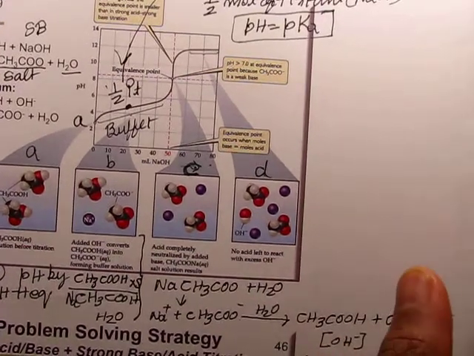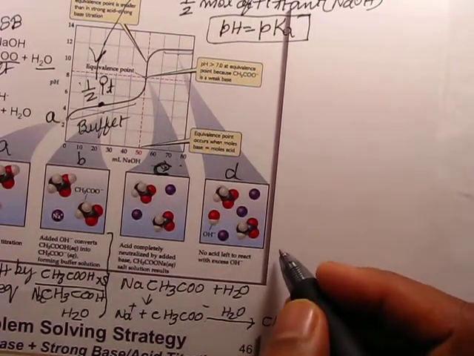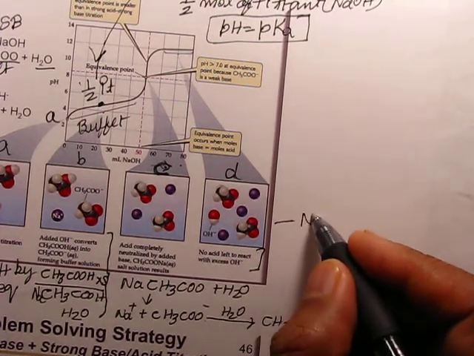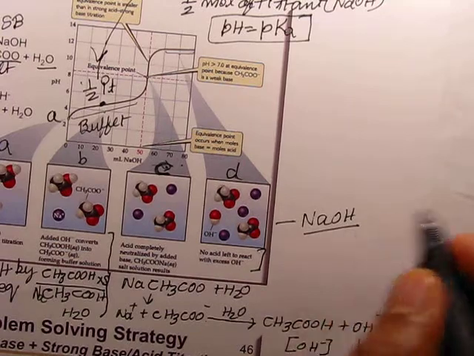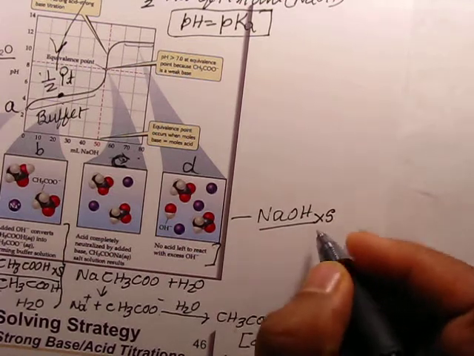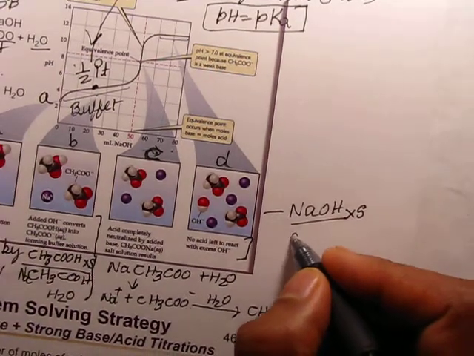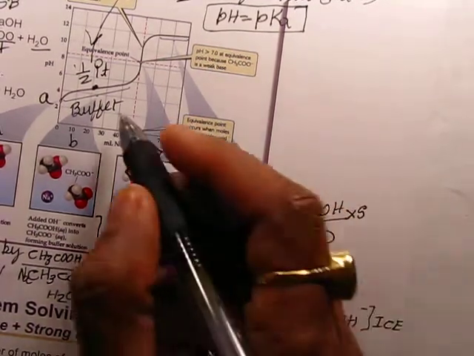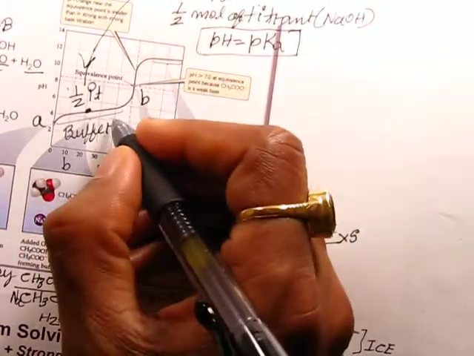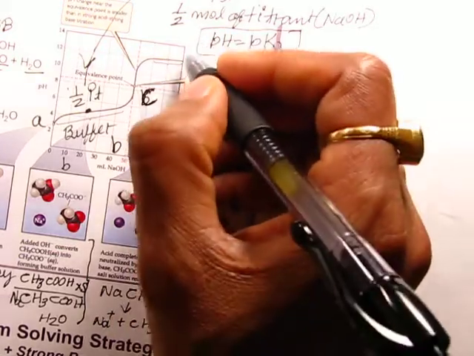Let's talk about the last part, where no acid is left and there is excess NaOH. Here only NaOH will be there, so we have to calculate how much excess NaOH concentration there is. Also, let's assign these regions: this is the B region, the buffer region, this is the C region, and this is the D region.